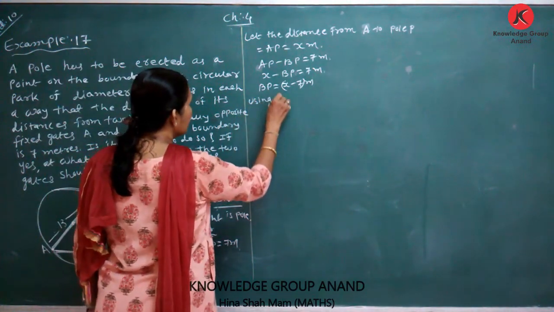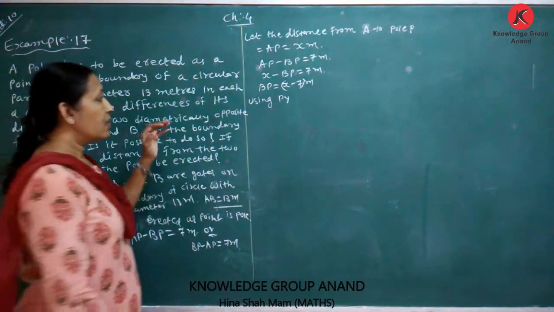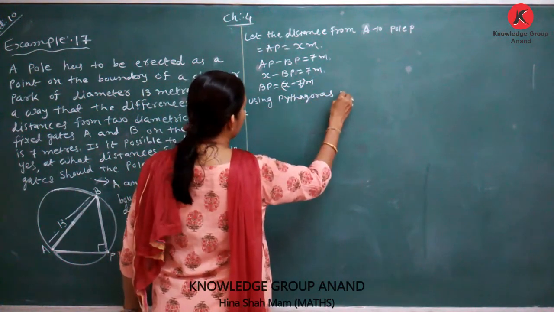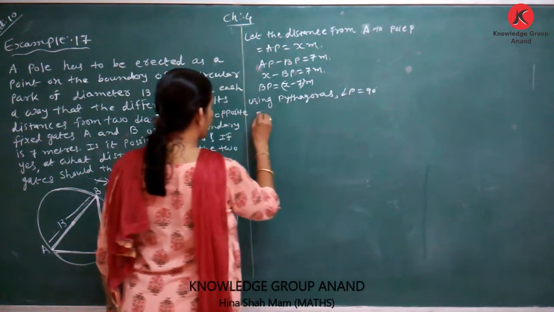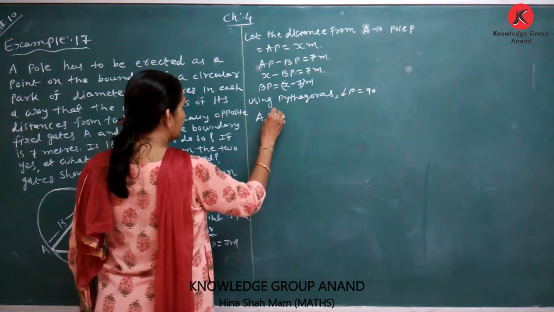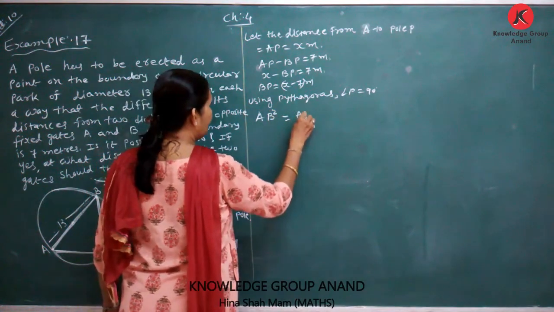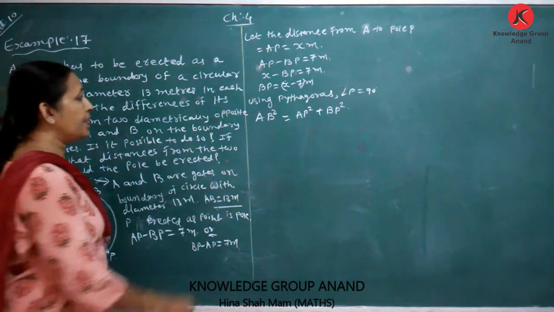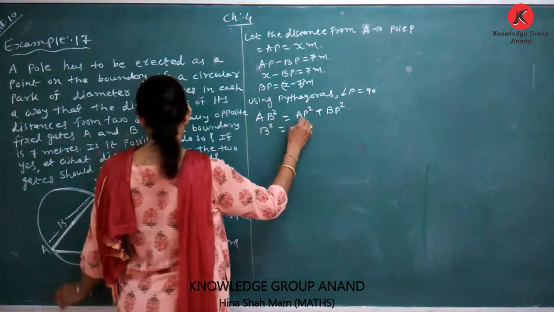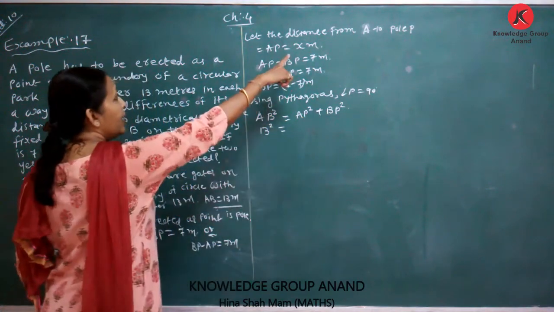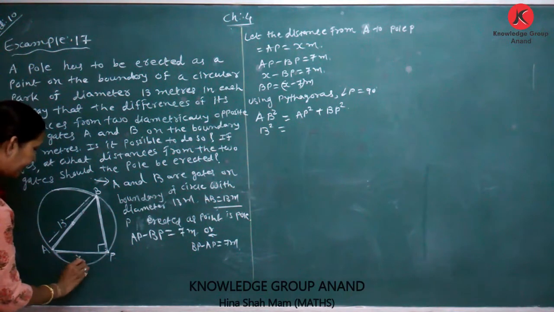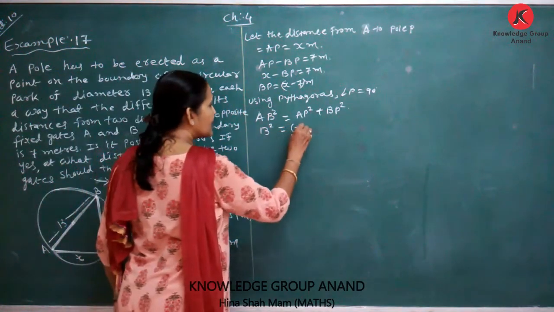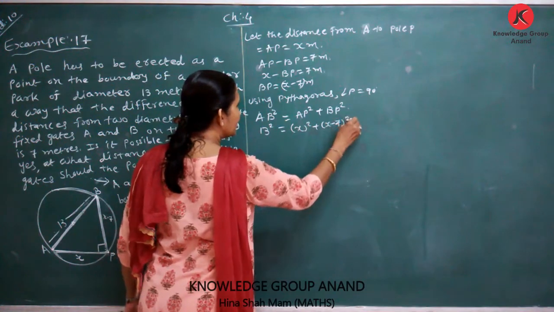Using Pythagoras, because angle P = 90 degrees, AB square = AP square plus BP square. What is the value of AB? AB = 30, but here taking AP = x and BP = x minus 7. Then 30 square, which is 900, equals x square plus (x minus 7) square.